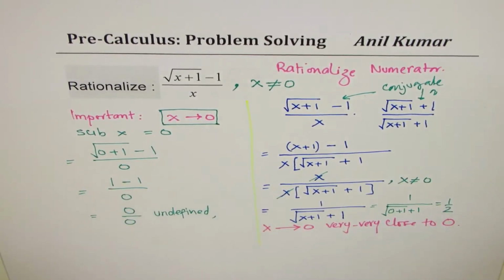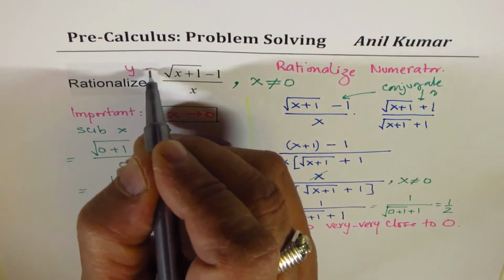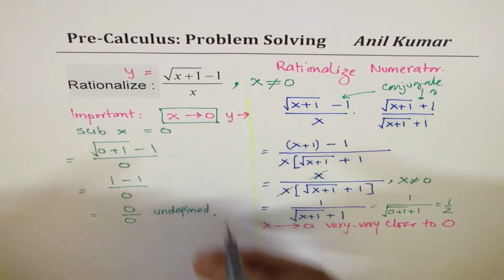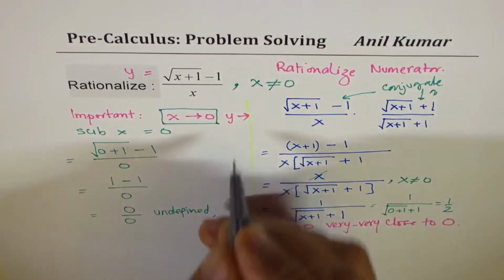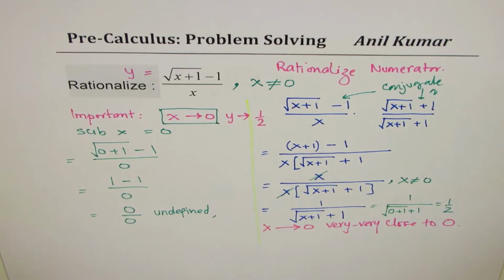The answer to our question is that when x approaches 0, then this function, let's say y equals this, then y approaches a value which is half. Do you see that? Y approaches a value which is half. So we get insight into our function by rationalization. This is, I hope, a very important aspect of rationalization, and it is to be appreciated as we move on to calculus.